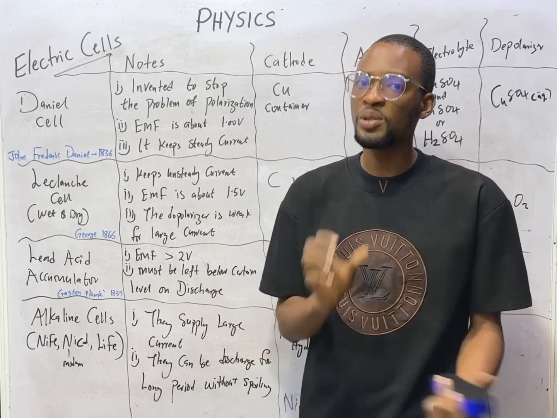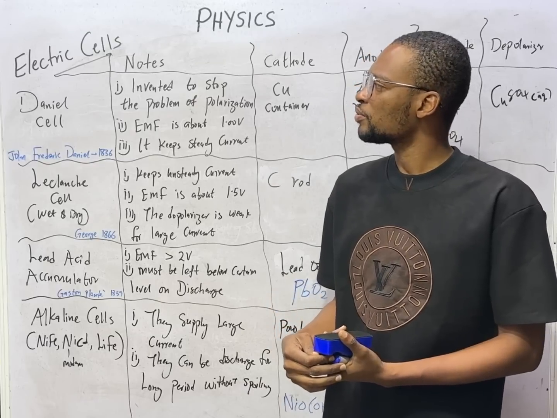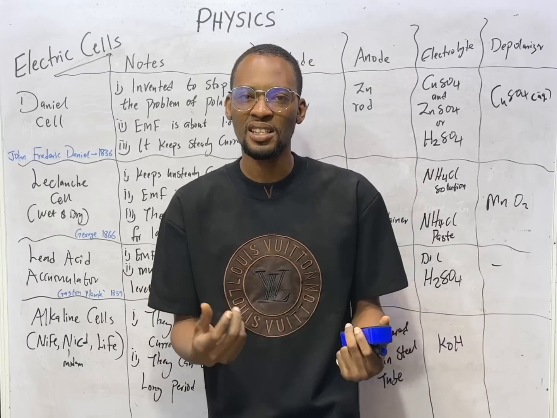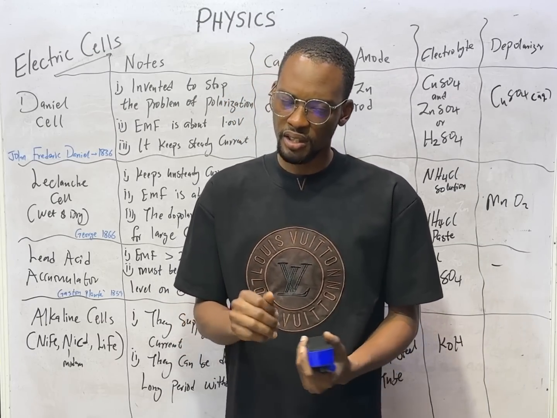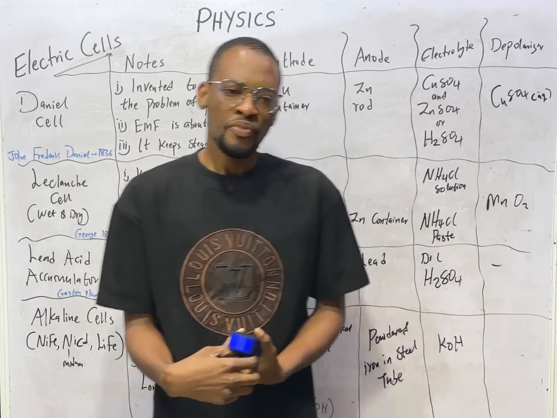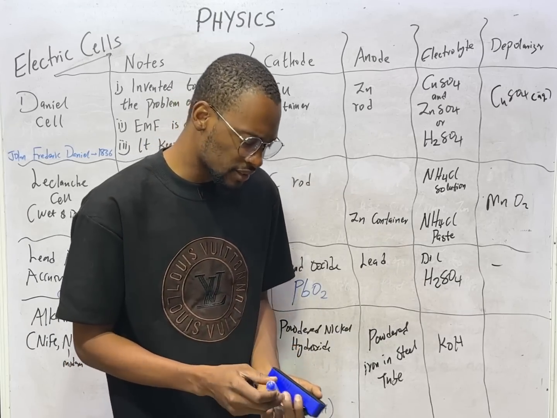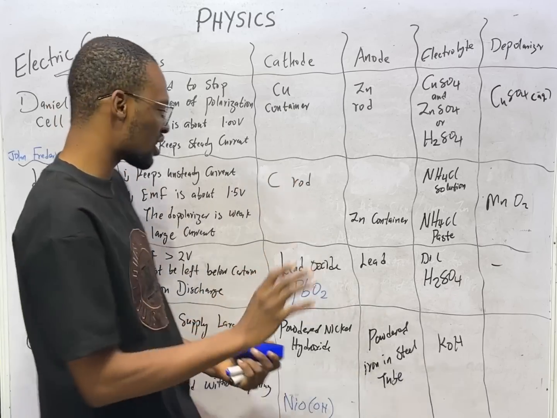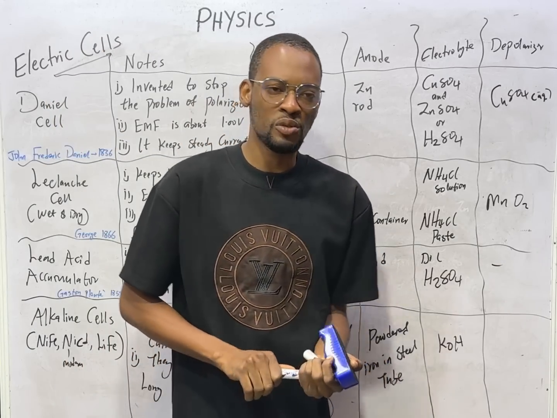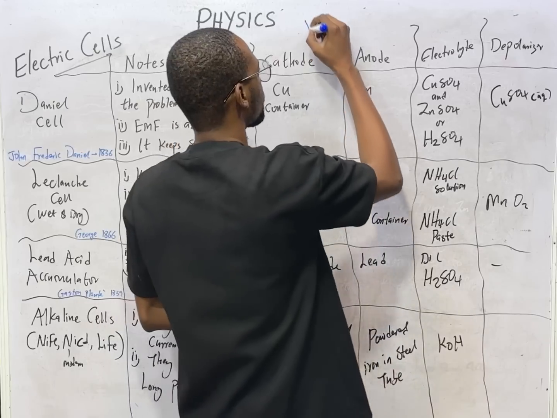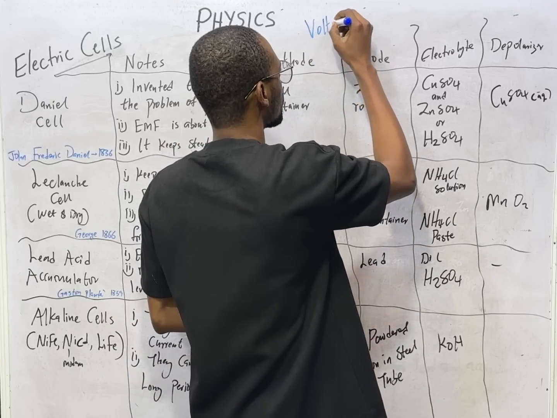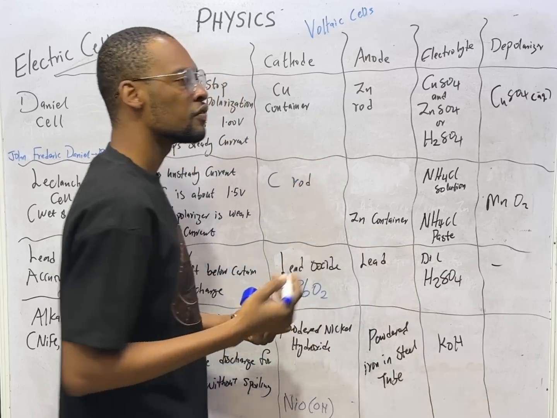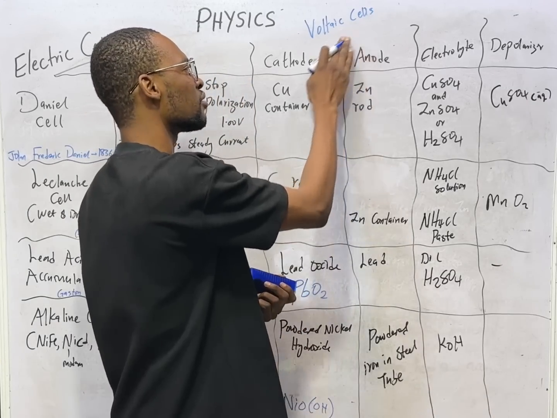Then in the last episode, I talked about the simple voltaic cells and voltaic cells generally. Ladies and gentlemen, all these cells we've been discussing, both primary and secondary, are referred to as voltaic cells. Remember I told you that voltaic cells can either be primary or secondary.